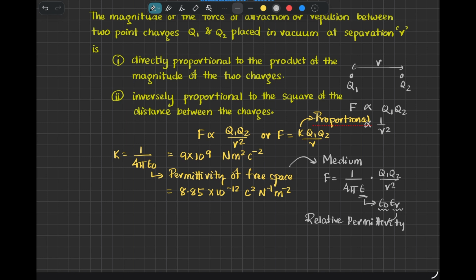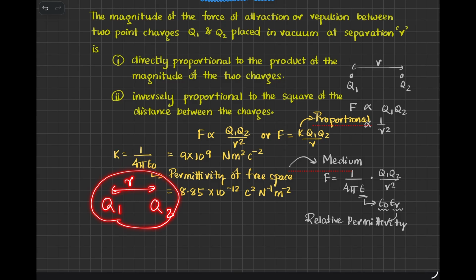To explain relative permittivity simply, let's suppose we have two charges q1 and q2 with a certain separation. We don't know the values, but the force of interaction between them, be it attraction or repulsion, let's say is 10 Newton.